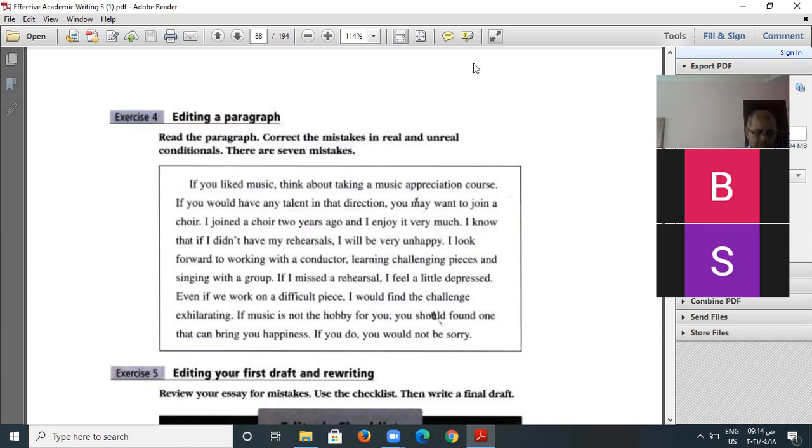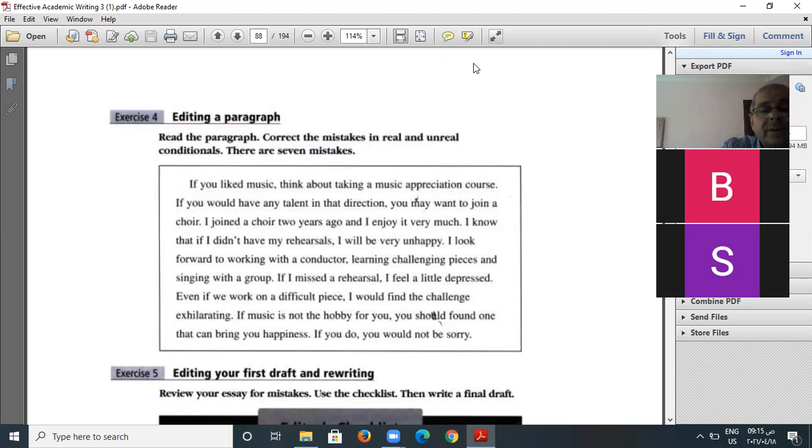It becomes: if you have any talent in that direction, you may want to join a choir. Okay. So here, real or unreal condition? Real. Real, yes. Next.